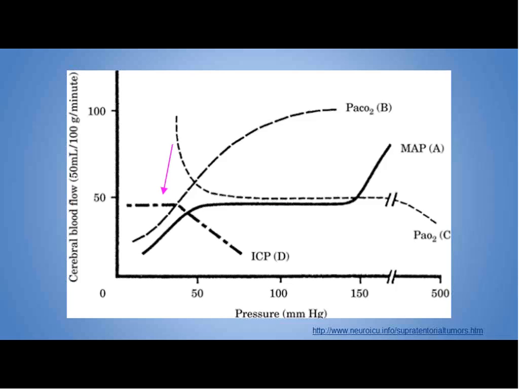And then as this intracranial pressure increases, you get a significant decline in your cerebral blood flow. So your intracranial pressure and your mean arterial pressures are very important for the maintenance of your cerebral blood flow, and why we obsessively follow them, particularly in patients with subarachnoid hemorrhage.